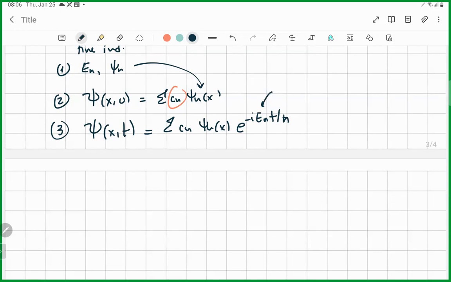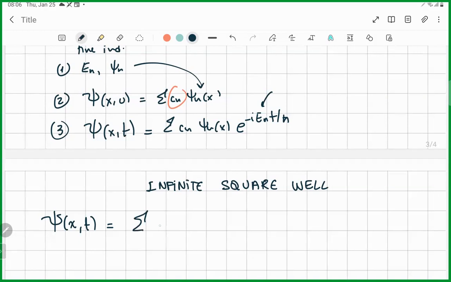So in our particular case, for the infinite square well, what is going to be this complete solution? It will be a sum of these components. This will depend on the initial state.